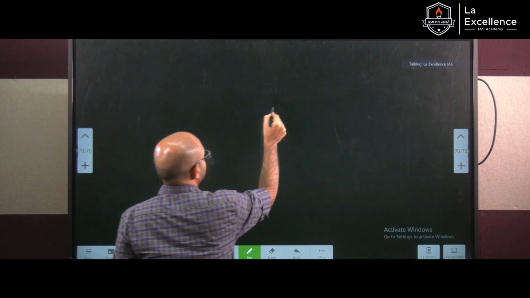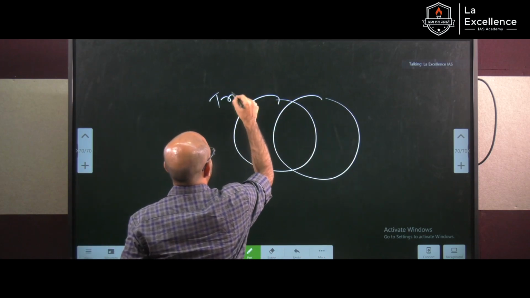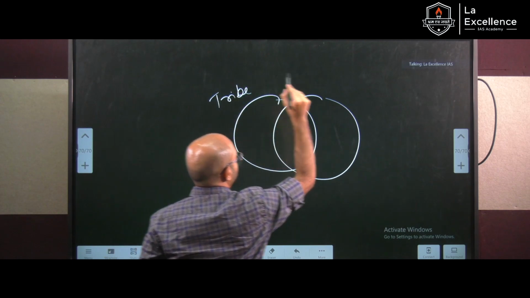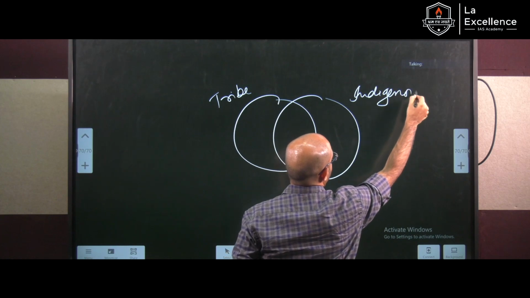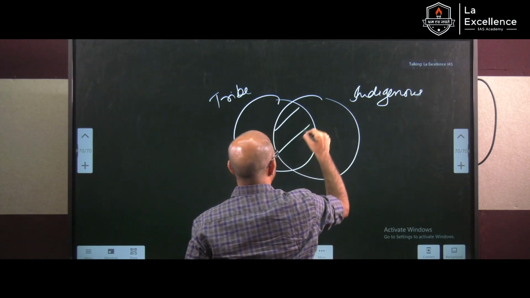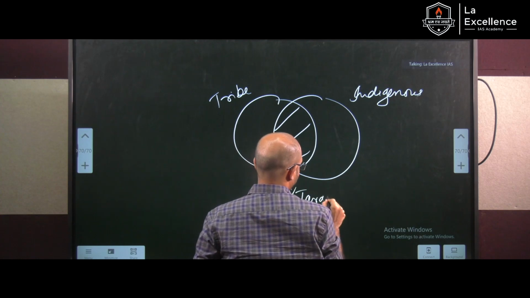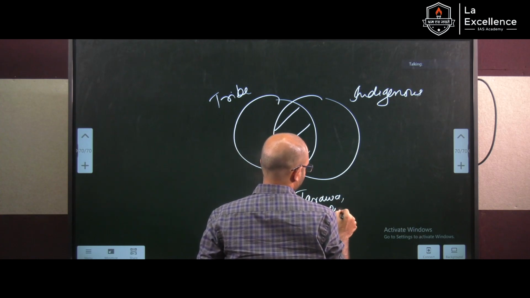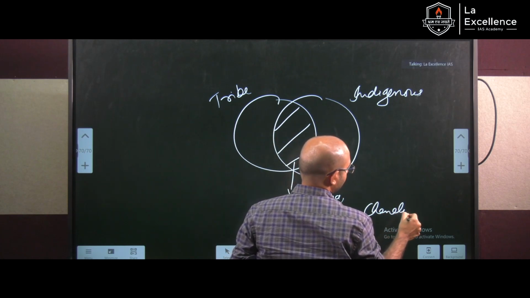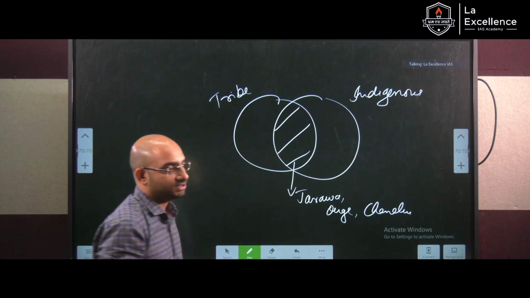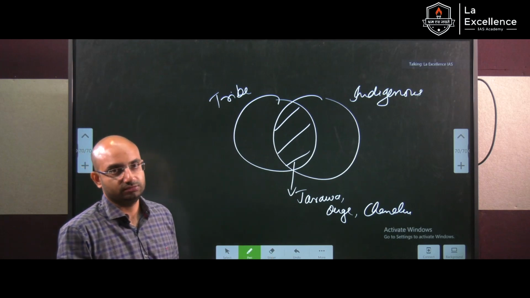So finally what we can see is that tribe, as we use it, is one set of people, but indigenous is another category. Some of the tribal societies are indigenous, for example Jarawa, Onge, Chenchu, they all come under the indigenous category, but whether some others whom we call tribes should be called indigenous is a big question.